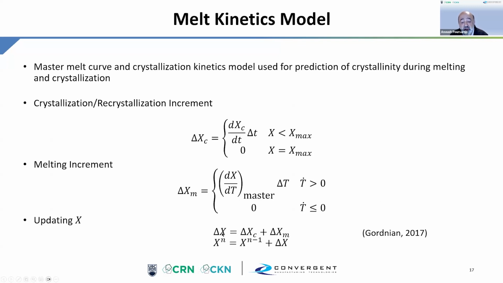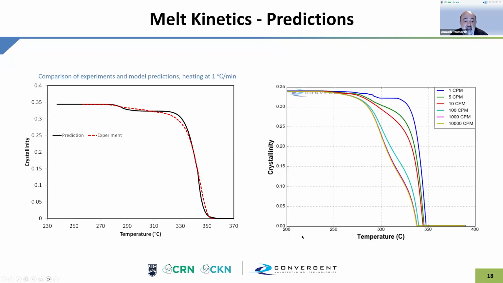And then we say, in every time step, the total crystallization is the positive crystallization less the negative melting. And then we update the crystallization for the next time step. When we do that, what we find is that we pick up, say this on the left is a comparison of experiment and model predictions at 1 C per minute.